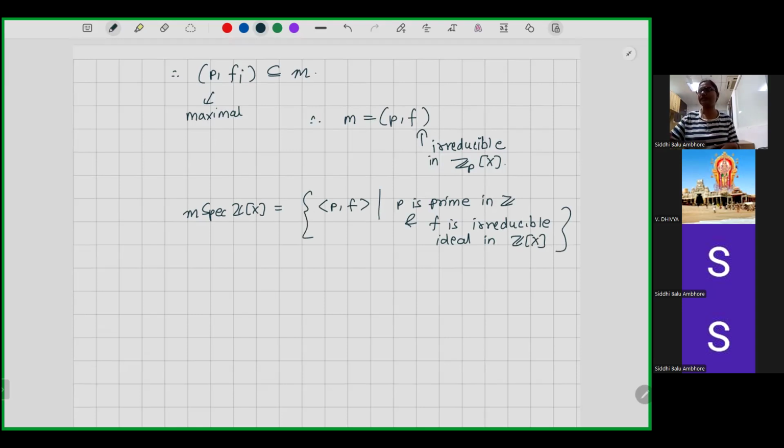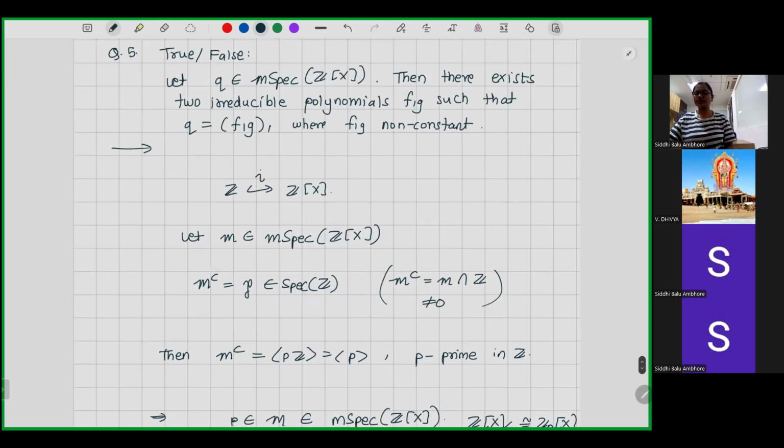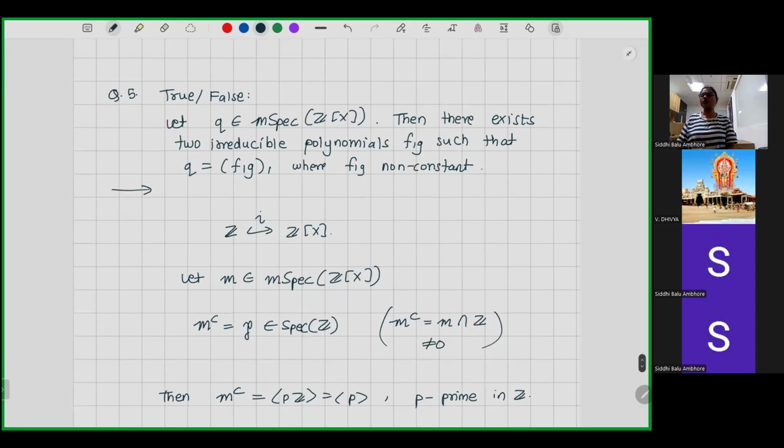It is the ideal generated by P comma F, where P is a prime in Z and F is a reducible polynomial in Zx. So this expression where F and G were non-constant irreducible polynomials does not hold.